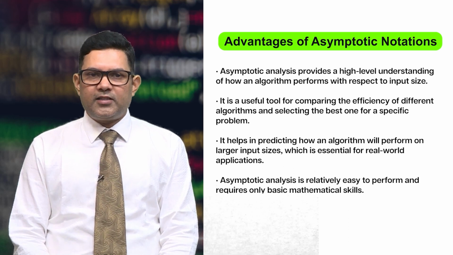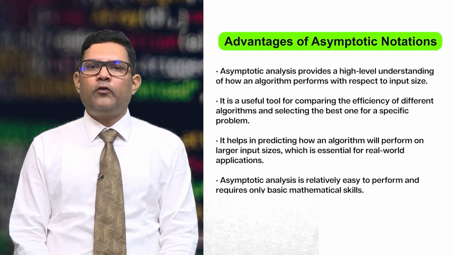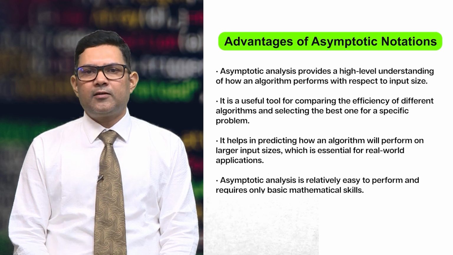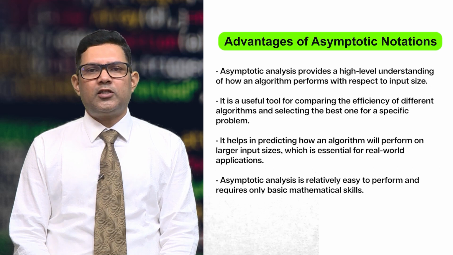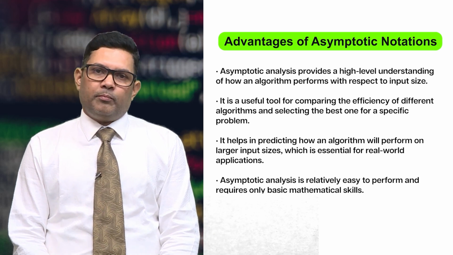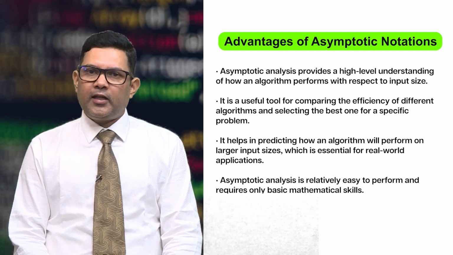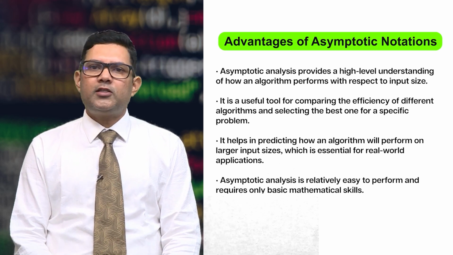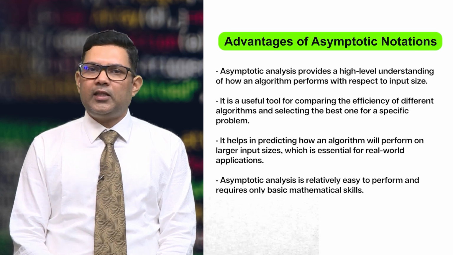And the last advantage is that asymptotic analysis is relatively easy to perform and requires only basic mathematical skills. We know that mathematically 2n square plus 3n plus 5 is not equal to 2n square. The growth rate of 2n square plus 3n plus 5 is quadratic, and the growth rate of 2n square is also quadratic. That means asymptotically they are equal, but mathematically they are not equal.